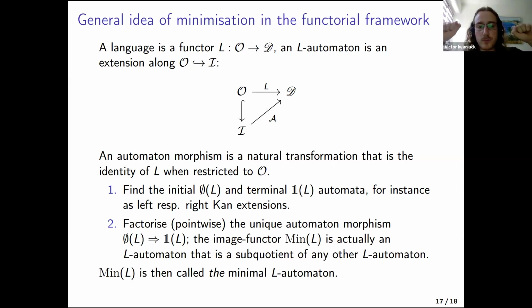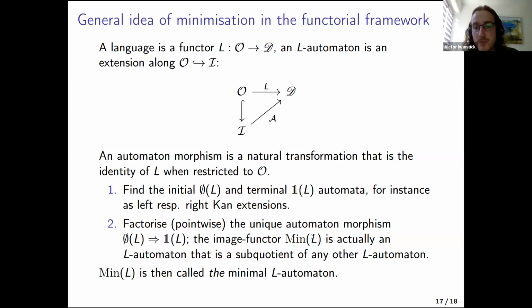Once you have those automata, what you do is the following. You factorize the unique morphism between the two automata. When you factorize pointwise, because you have some epi-mono factorization system, which is orthogonal, therefore functorial, you obtain a functor once again.